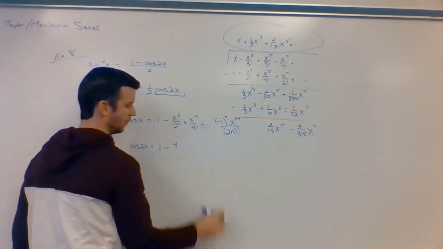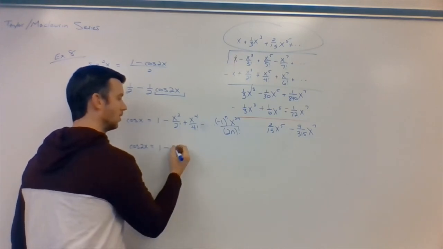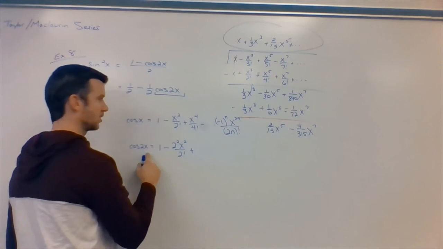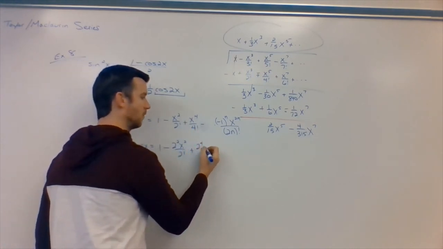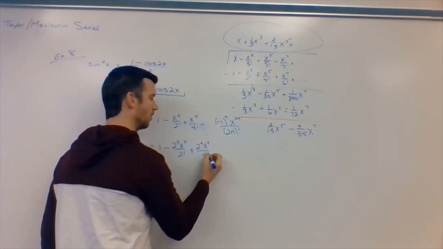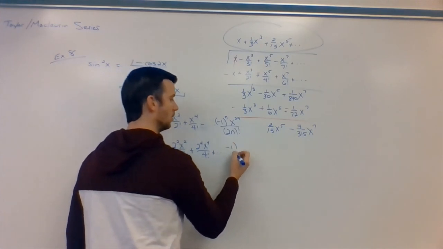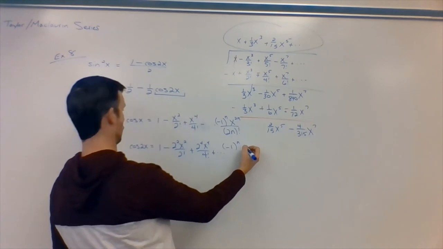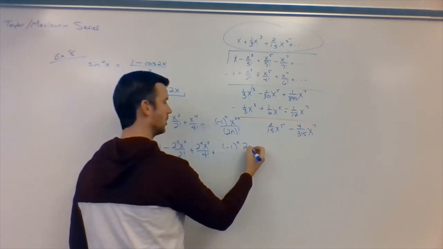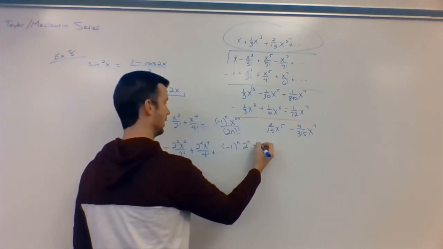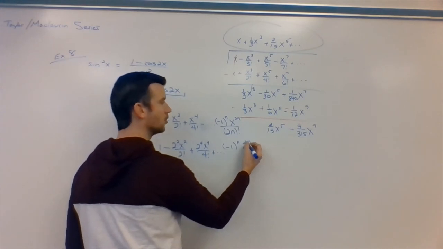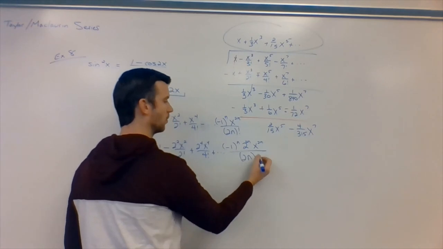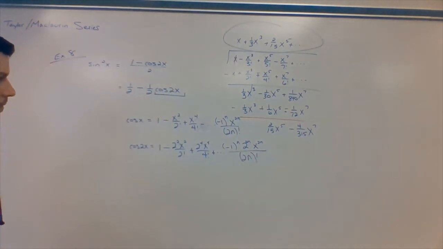So 2 squared x squared over 2 factorial plus 2 to the 4th x to the 4th over 4 factorial. So in general, it would be 2 to the 2n, x to the 2n, over 2n factorial will be the general form of that.